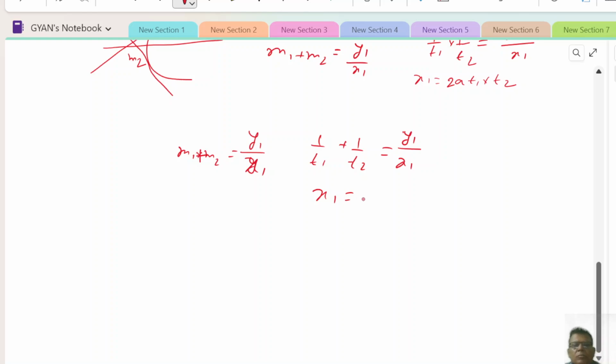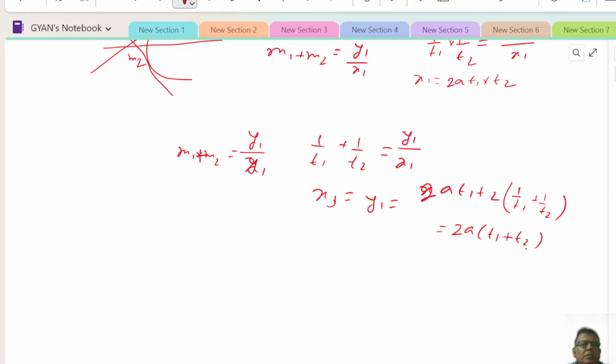So y1 is equal to x1, and x1 we have already found, 2a t1 t2, multiplied by 1 by t1 plus 1 by t2. So that will be 2a into t1 plus t2. So this point is x1 equal to 2a t1 t2 and y1 equal to 2a t1 plus t2.